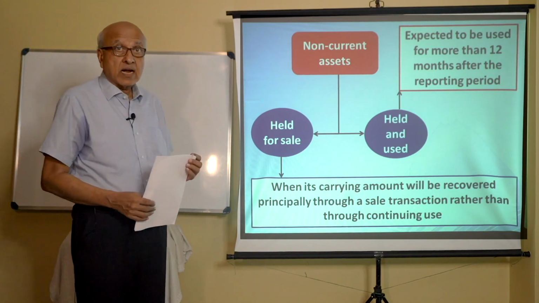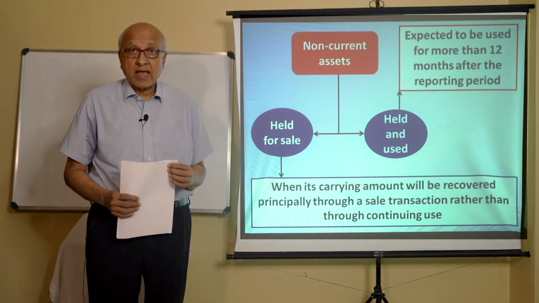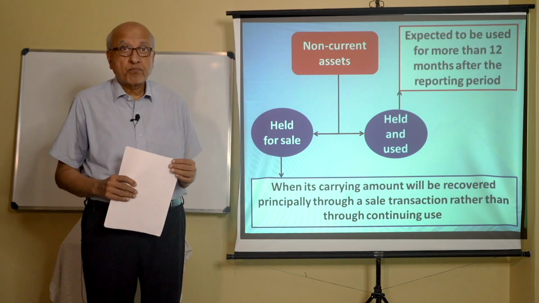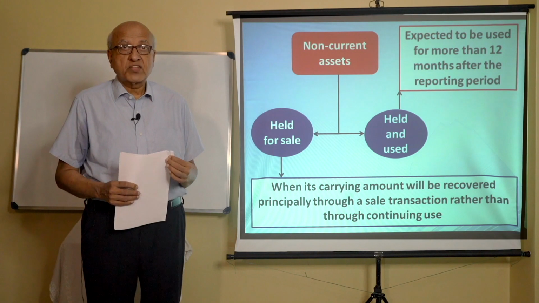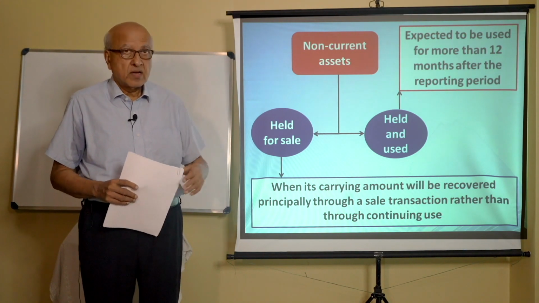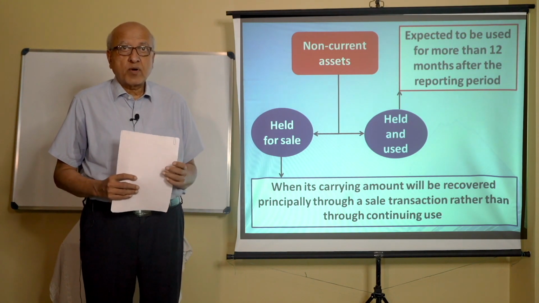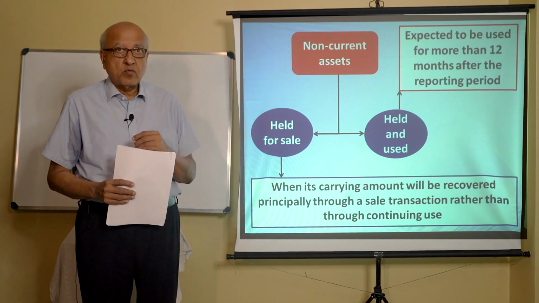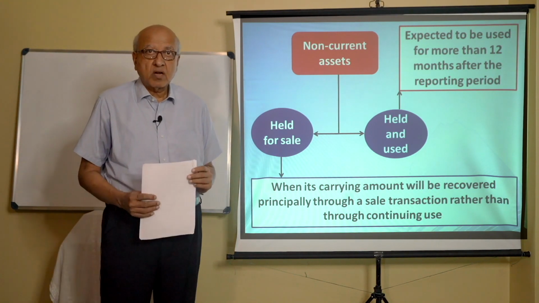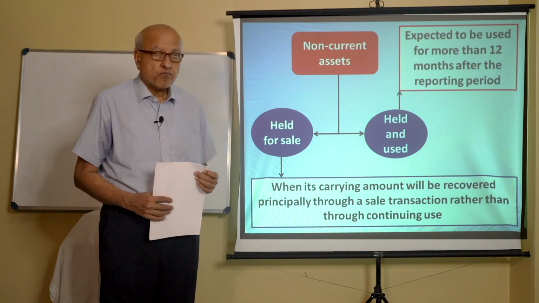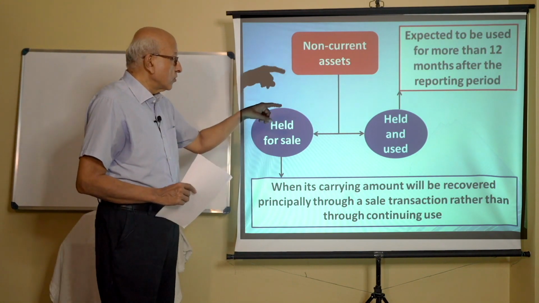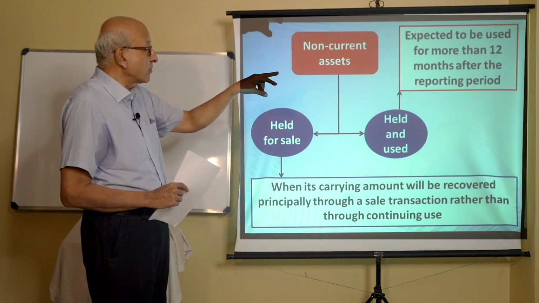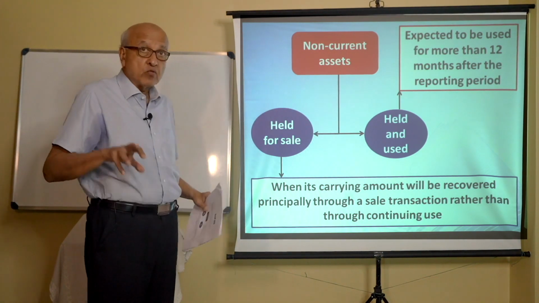When one non-current asset is acquired, the purpose is it will be used in the business for generating revenue because it will be used in the production of goods and services, and the carrying amount will be recovered either through depreciation or amortization. So that is held and used, expected to be used for more than 12 months after the reporting period. It will be used in the business.